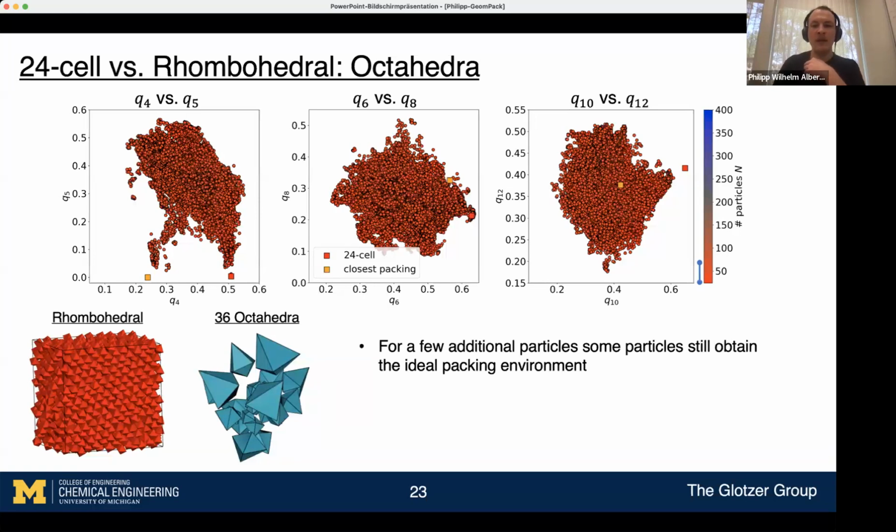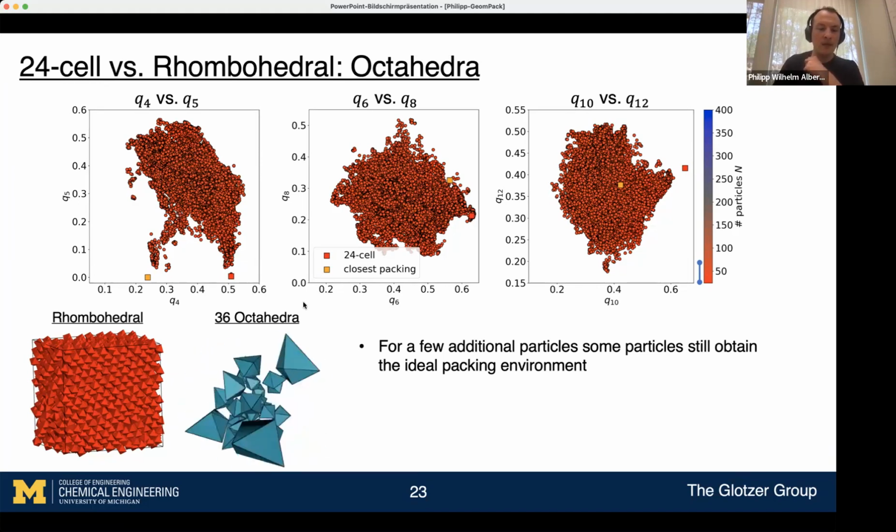you can see that at first glance, they behave very similarly. There are lots of environments which try to be as close to the perfect 24 cell environment, and you could argue that the others up here are defect structures.